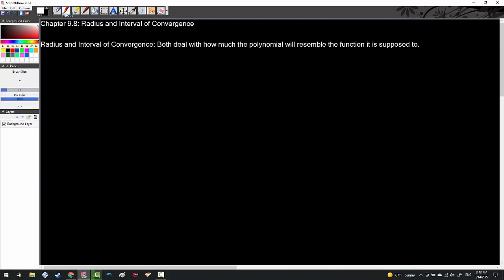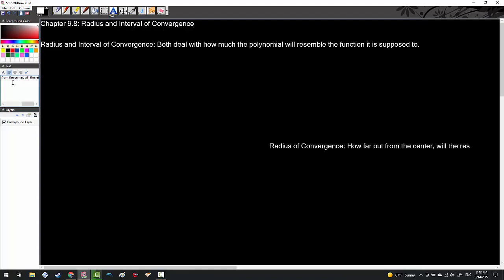And so in the last episode, we learned about how a power series is a polynomial that is used to represent a non-polynomial function. And so in this case, the radius of convergence is how far out from the center the resemblance will happen.